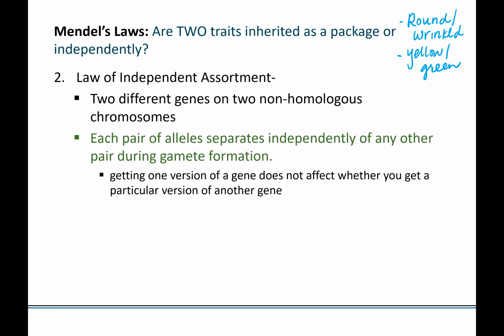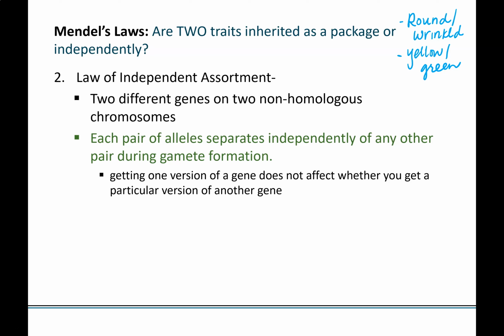Well, it turns out that we have what is called the law of independent assortment. The law of independent assortment says that when you have two different genes on two different chromosomes, each pair of alleles is going to separate independently when gametes are formed. Now, that is a mouthful.